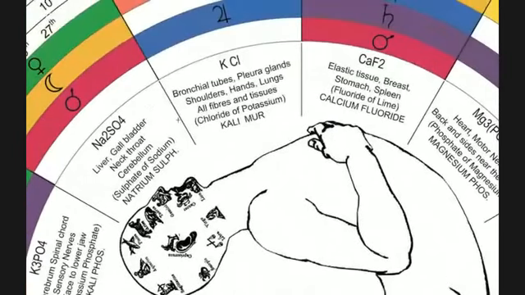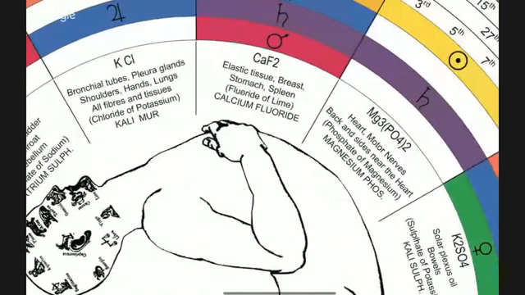We go to Gemini: bronchial tubes, pleura, glands, shoulders, hands, lungs, all fibers and tissues. Cancer: elastic tissue, breast, stomach, spleen.